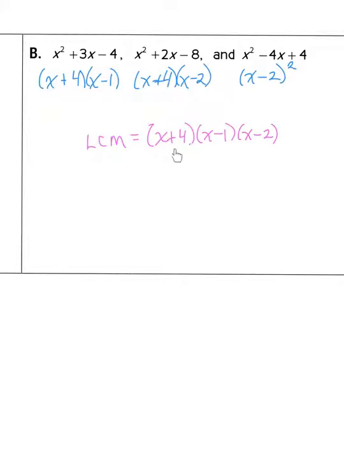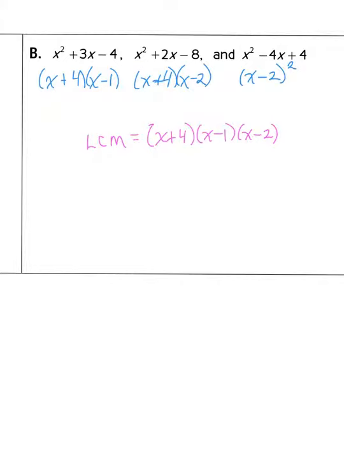So then what you want to do is look at each of these three factors separately and figure out which of these three cases does it occur the most often. So with x plus 4, both this one and this one have an x plus 4, but the most times it occurs is once. So we're only going to have one x plus 4 in our LCM.